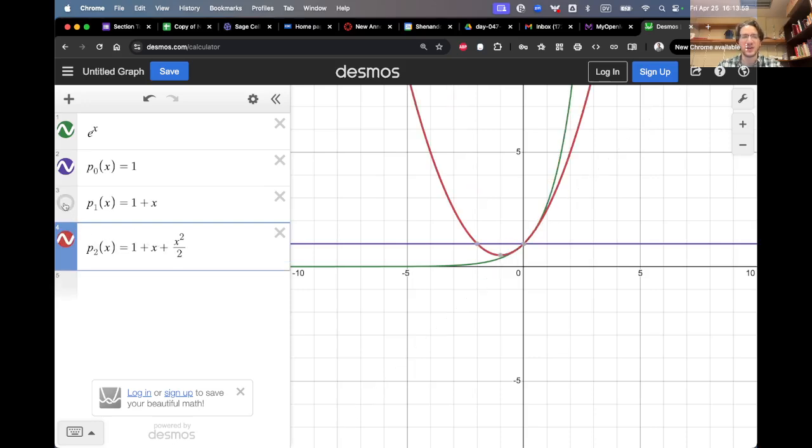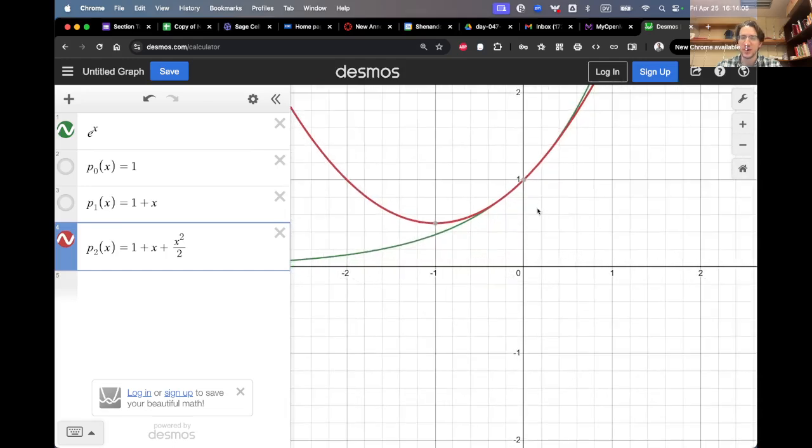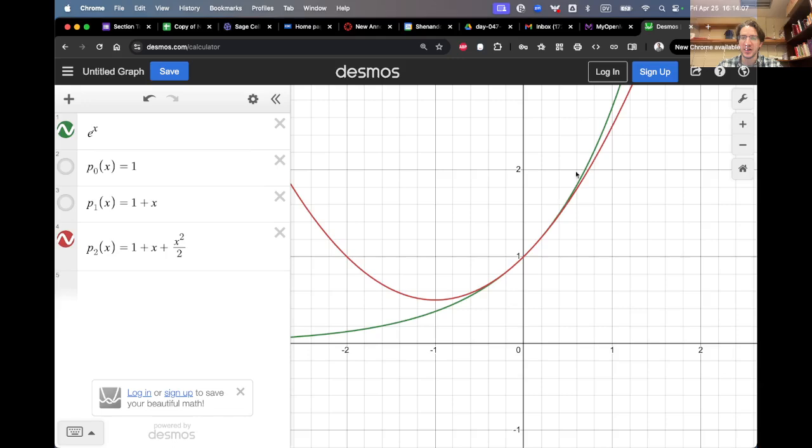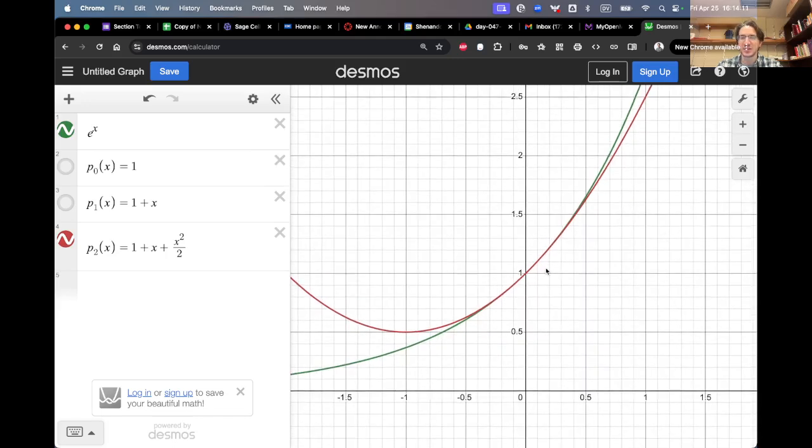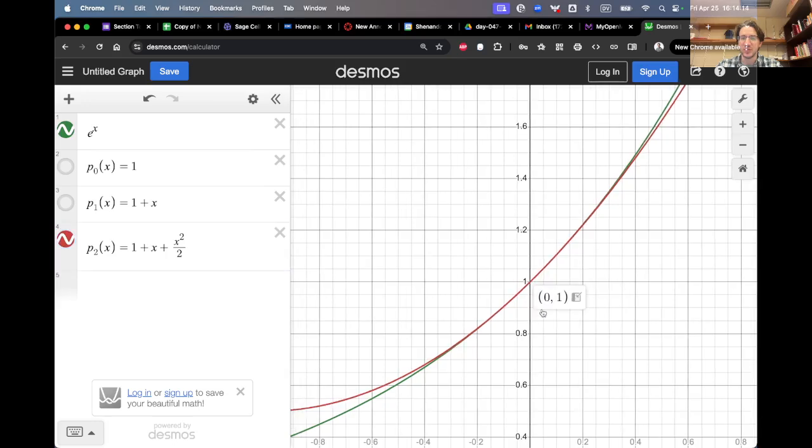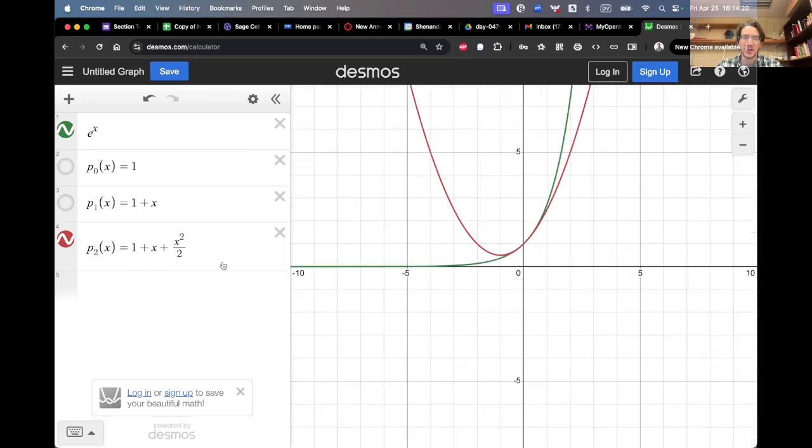That's sort of the best fit parabola to the function y equals e to the x at x equals 0. If I zoom really far in, you can see that this parabola really closely matches the shape of y equals e to the x. So there you go. And by the way, I'll show you the remainders in a second too, but here's P3 of x.